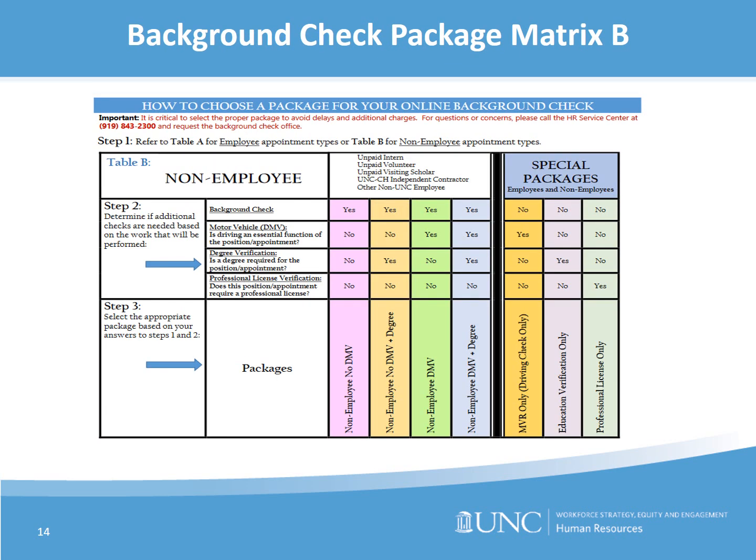Now that you've reviewed the Employee Package Matrix, let's take a look at the Non-Employee Package Matrix, Matrix B. If you're initiating a background check for a non-employee, review the Background Check Package Matrix for non-employee appointments, falling under one of the following categories: unpaid intern, unpaid volunteer, unpaid visiting scholar, and UNC Chapel Hill independent contractors, to determine the correct package needed based on the appointment type and services that will be rendered.